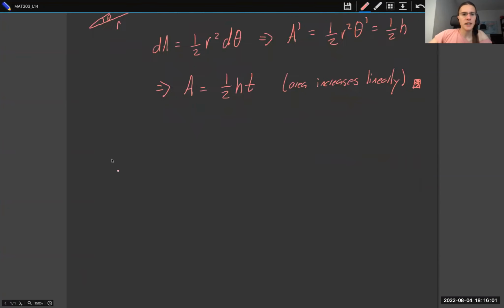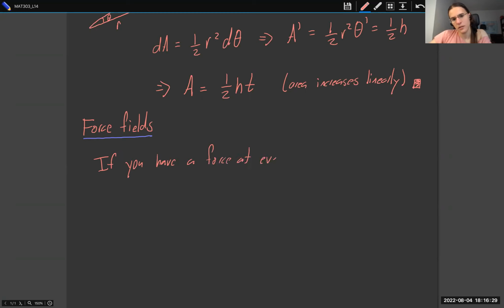So suppose that force fields. In general, if you have a force at every point, this is some vector valued function F of position, let's say.